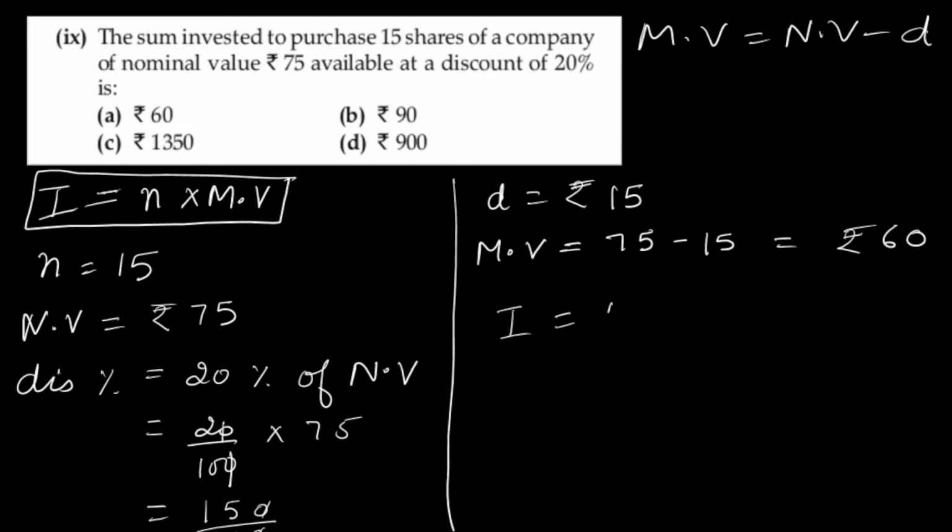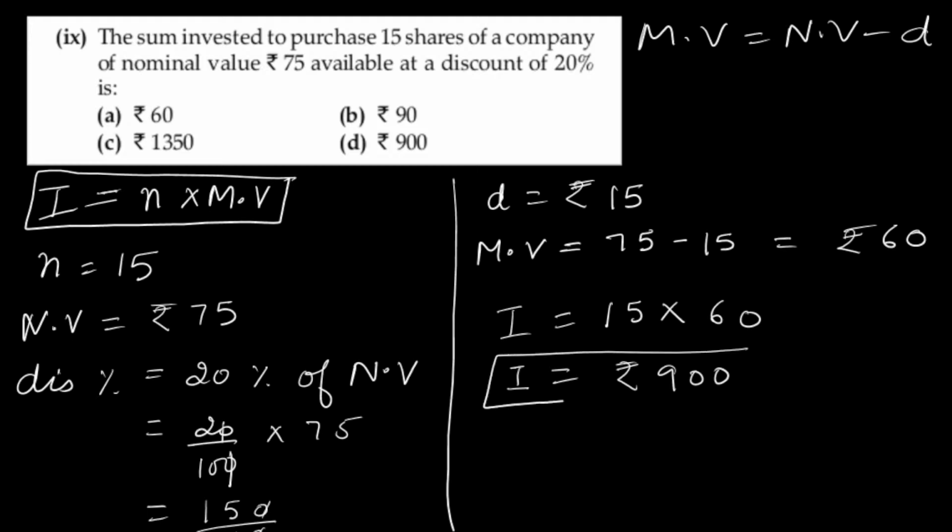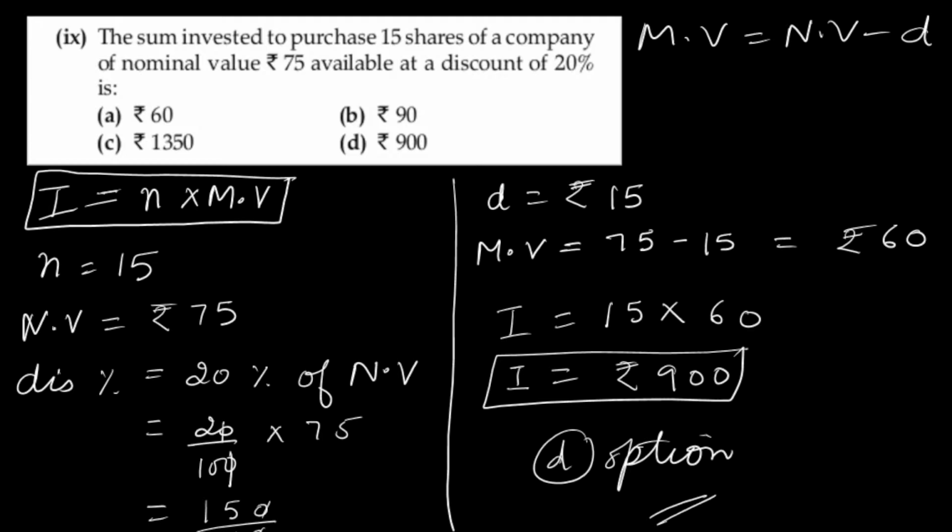Number of shares is 15, market value is 60. If you multiply this, you will get 900. I got one answer as 900, so it is option D.